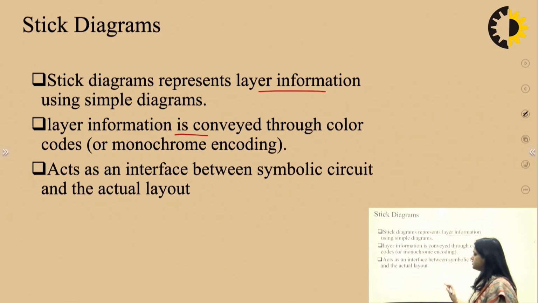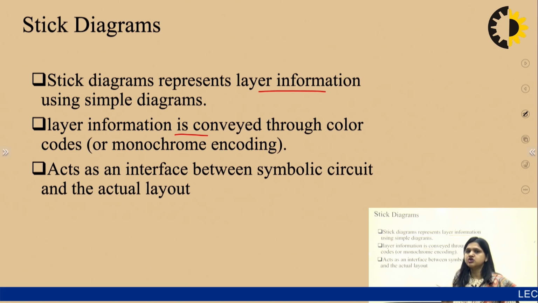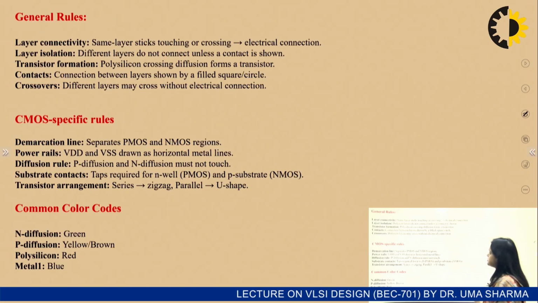So this is basically a simple interface between the symbolic circuit and the actual layout. Layout defines the actual area and actual dimension of the circuit, and the circuit is basically the symbolic representation. So there is an interface between layout and circuit, which is known as a stick diagram.